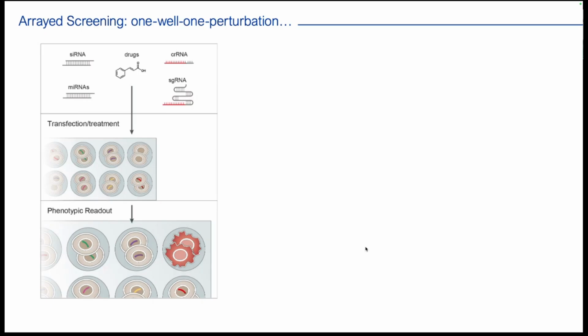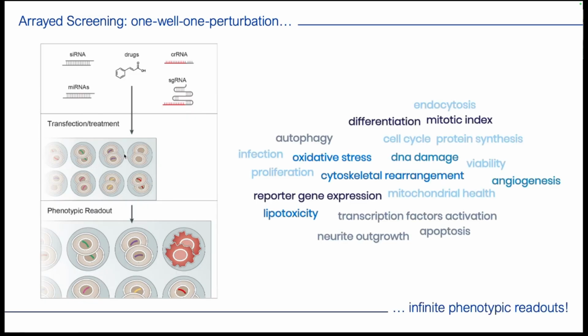Now, the screenings that we do here are all of this type of array screenings. We have different types of libraries, as we'll see. Everything that we do here in the lab is of these array-type screenings, and this gives us a lot of flexibility in terms of the phenotype that we can test.